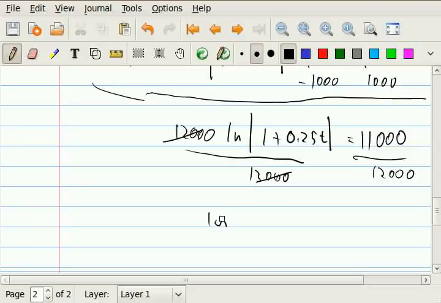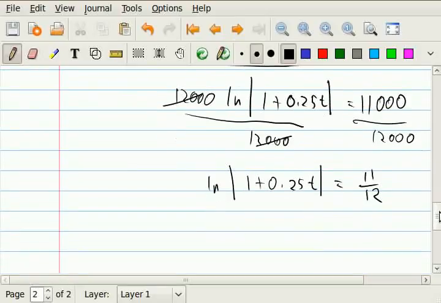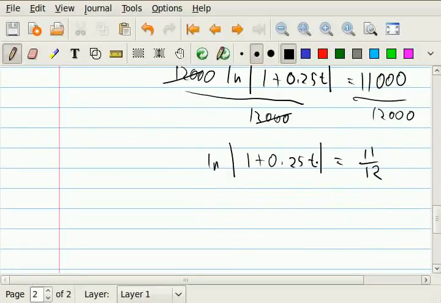So I get natural log of the absolute value of 1 plus 0.25t, and that's equal to 11,000 over 12,000, which I'll just call 11/12. Now we need to solve for t.